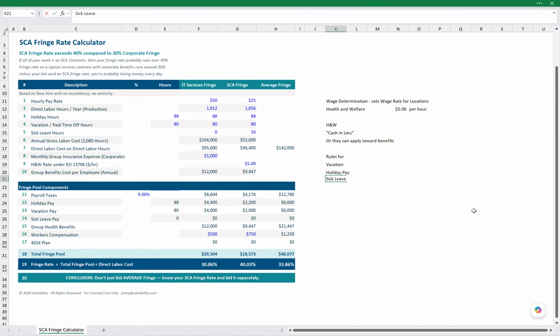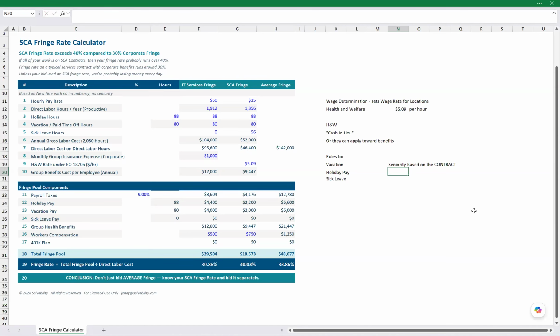So the vacation, doesn't that depend on how long the employee's been on the contract? It does, and it's complicated when a contractor has won and is taking over a contract from a predecessor contractor, because the anniversary date that determines how much vacation the employee gets is when they first started working on the contract with the prior contractor, or even sometimes two or three prior contractors ago.